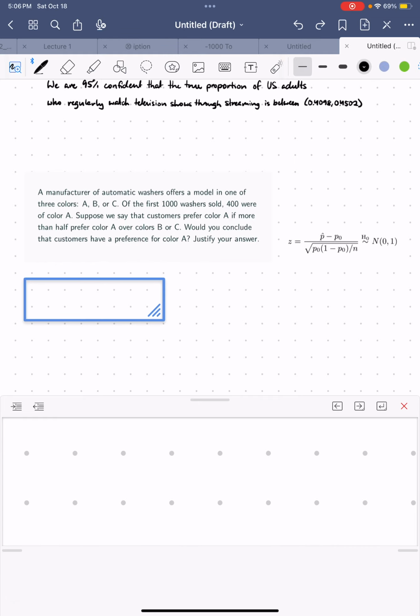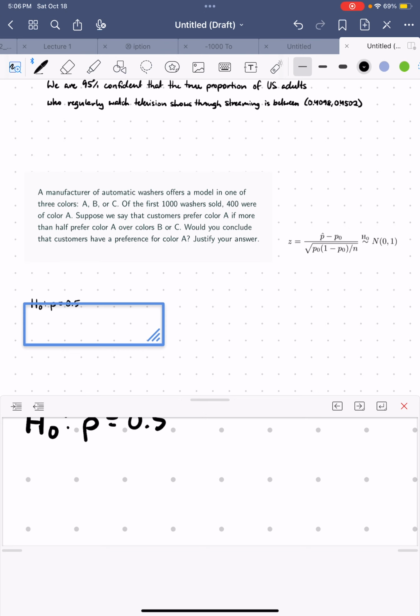So we can say that for our null hypothesis, it'll be that customers don't prefer color A. So according to our problem, it says that customers prefer color A only if more than half prefer A over B and C. So we can say for our null hypothesis, our proportion is equal to one half.